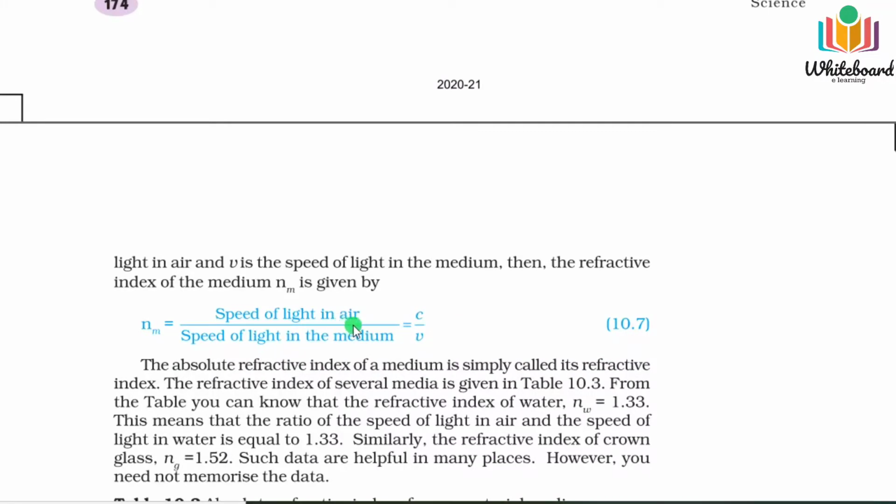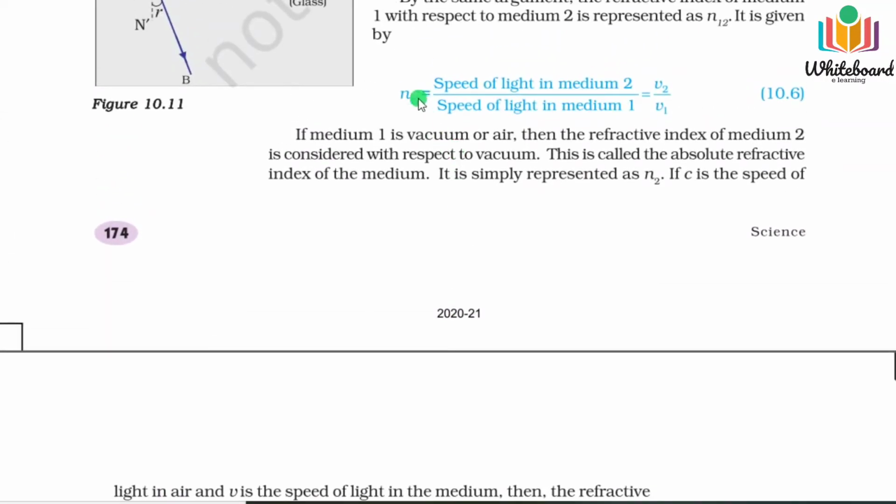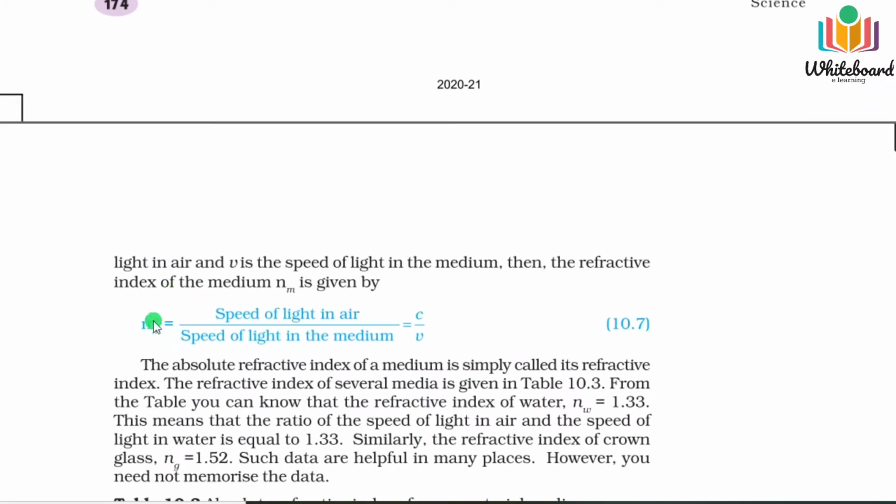And this is the speed of light in air. You can see it is nothing but the second medium. You know, suffixes 1 and 2 are given here, but here only one suffix is given. That means the first medium is air. So that's why it is not written here; instead we always put 0, and we have not written it here.